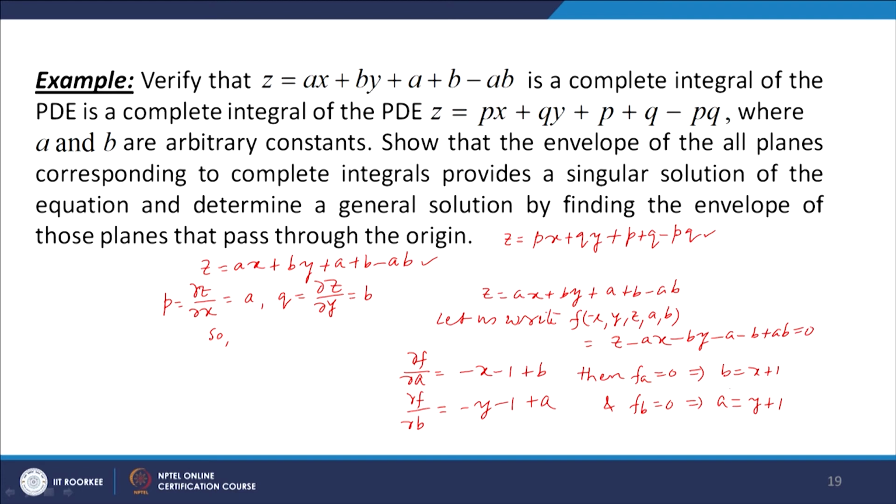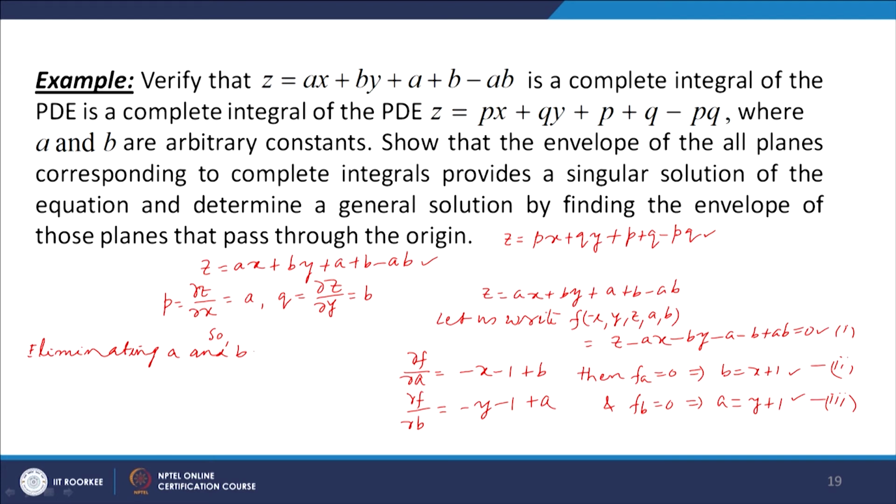So, let us find the singular solution. The singular solution is obtained by eliminating a and b between these three equations. Okay. So, let us put a equal to y plus 1 here and b equal to x plus 1. Let me call it 1, this is 2, this is 3.